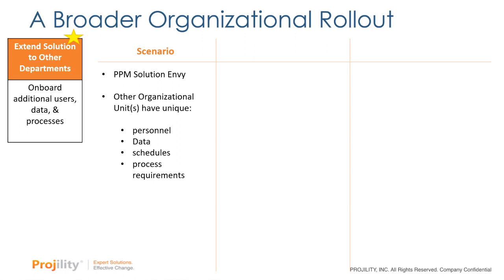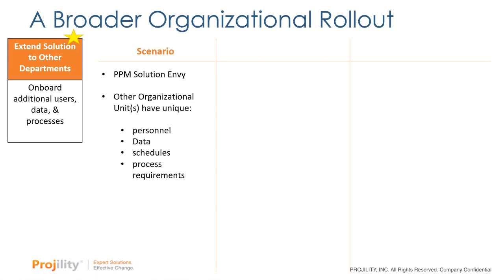So, the goal here, you're going to roll it out to these other organizational units, but they're all unique. They've got their specific people, they've got their own data. They may have different schedules. Maybe the projects that they manage are completely different than your own. It's quite likely. And they may even have their own process requirements.